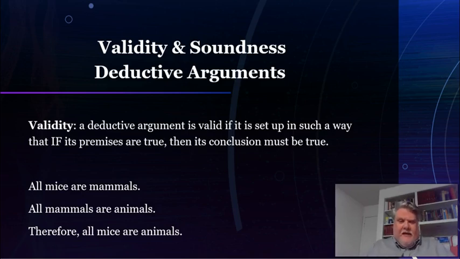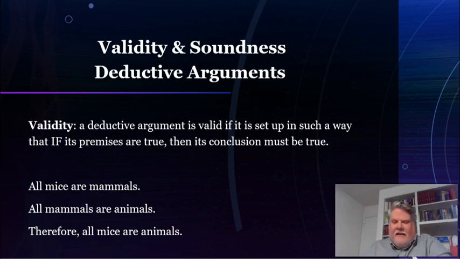Let's take a look at a sample deductive argument and see whether you think this one meets the criteria of validity. Premise 1, all mice are mammals. Premise 2, all mammals are animals. Therefore, the conclusion, all mice are animals.